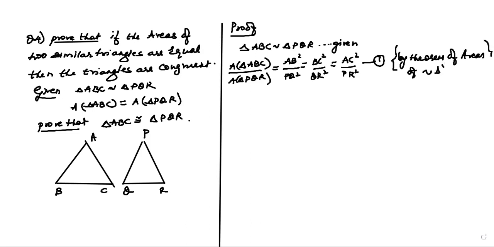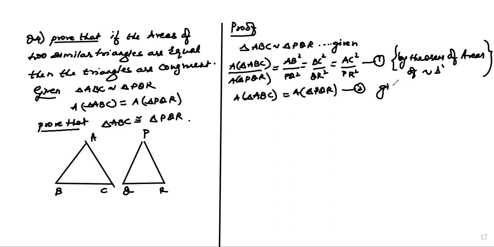Now you know one thing, children, that area of triangle ABC and area of triangle PQR are equal. The areas of these two triangles are equal. So what will happen, children? These two are equal. Say number 2, given.